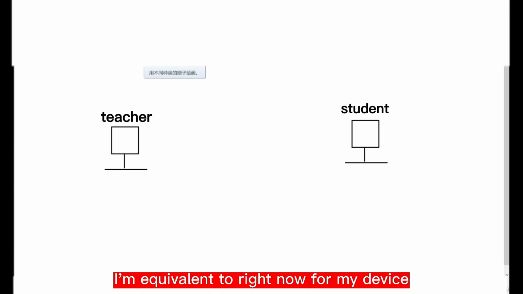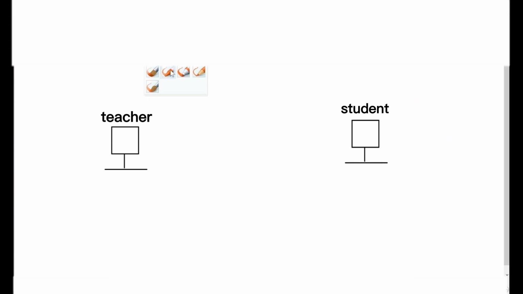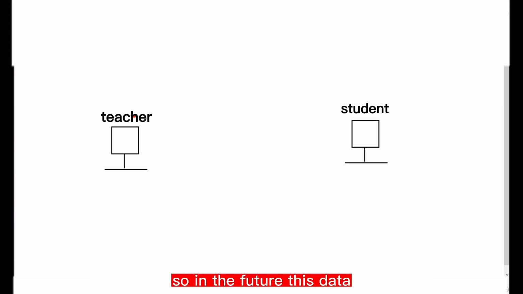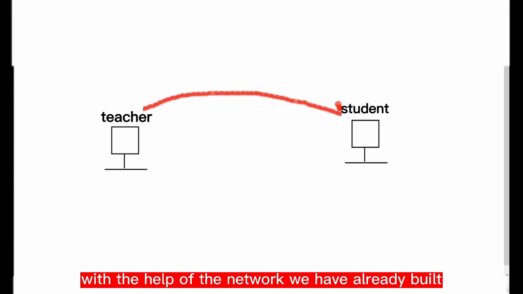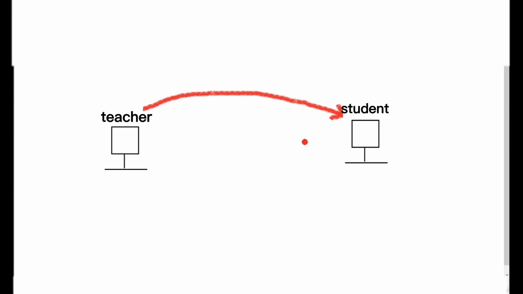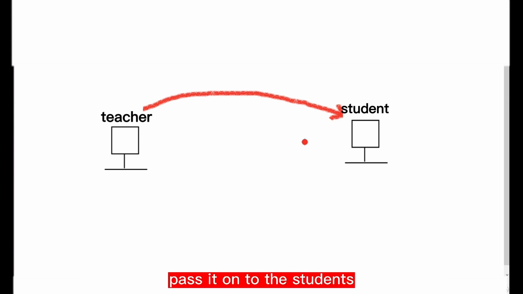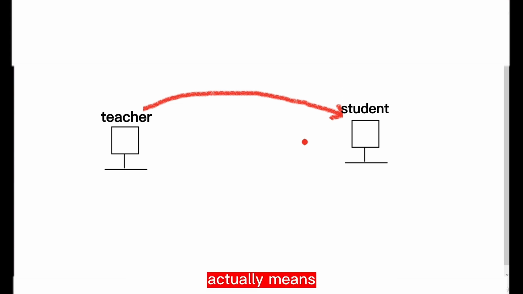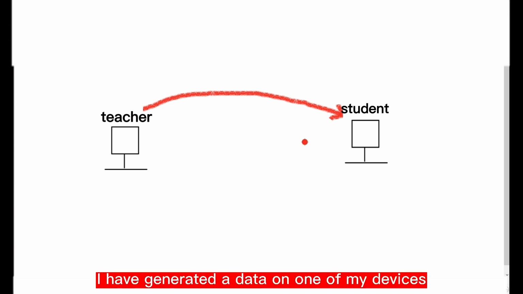I'm equivalent to right now, from my device, producing a data. I use the teaching platform to generate a data. In the future this data, with the help of the network we have already built, is passed on to the students. So what we call data communication actually means I have generated a data on one of my devices.